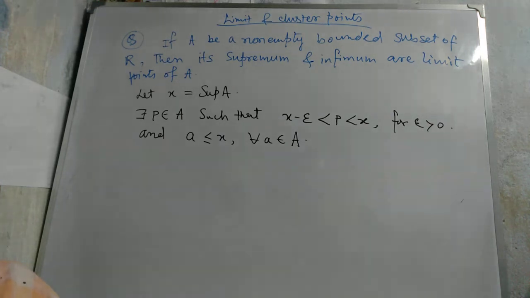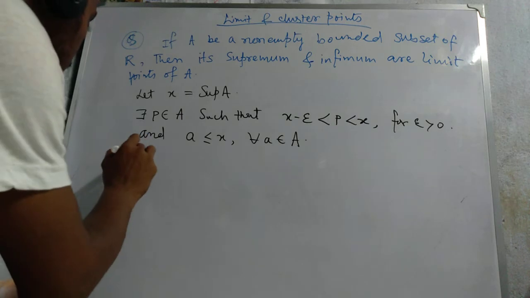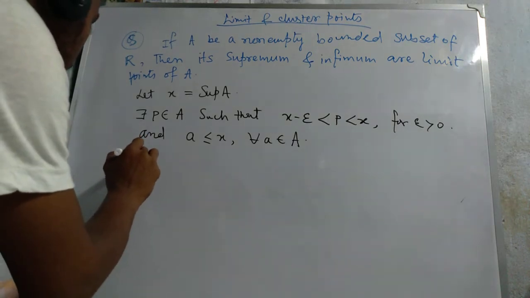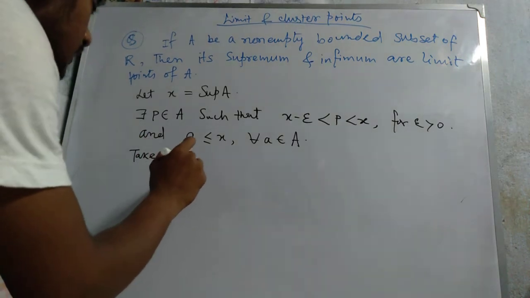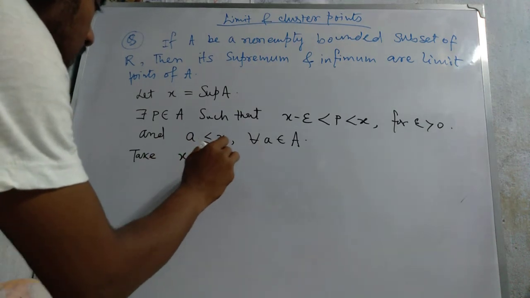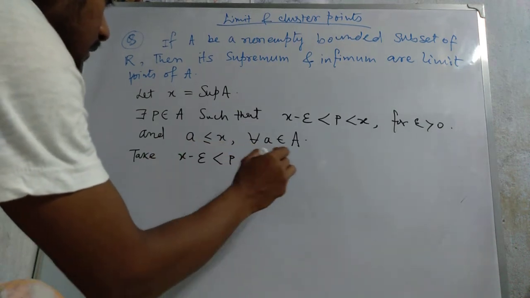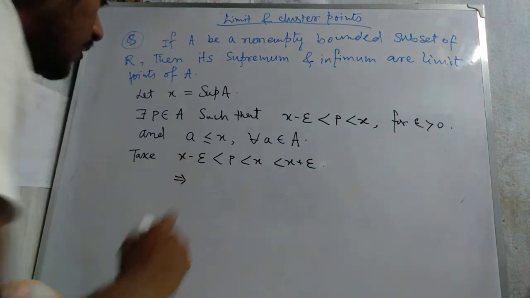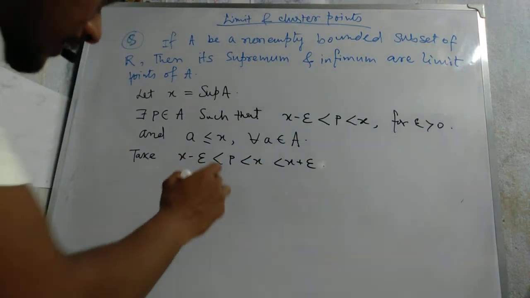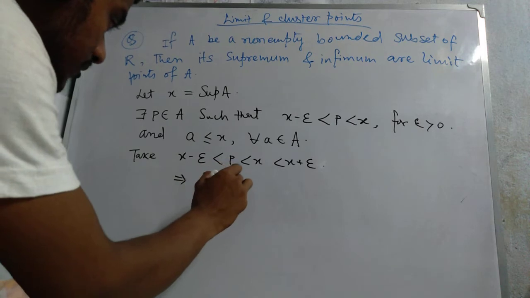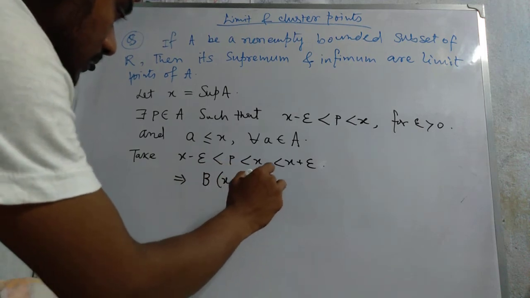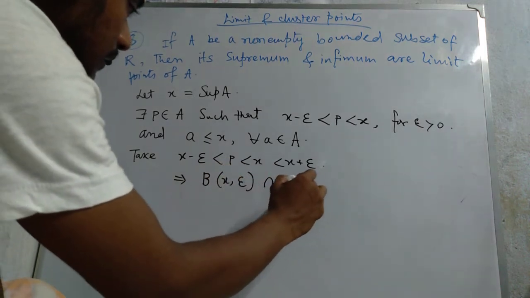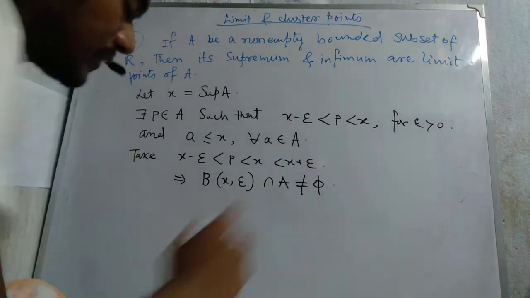Now we take x minus epsilon less than P less than x plus epsilon. This implies B(x, epsilon) intersection A not equal to phi.